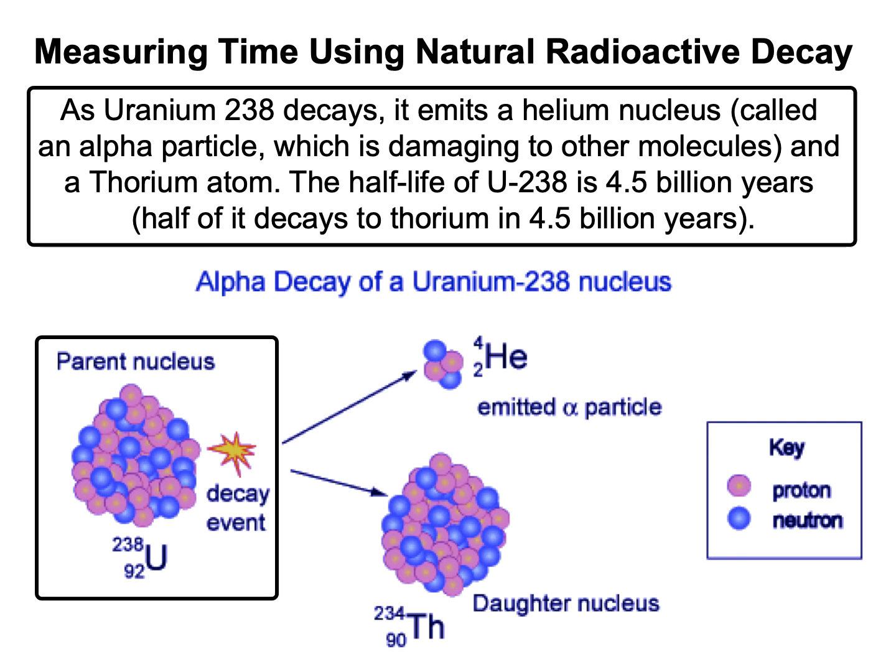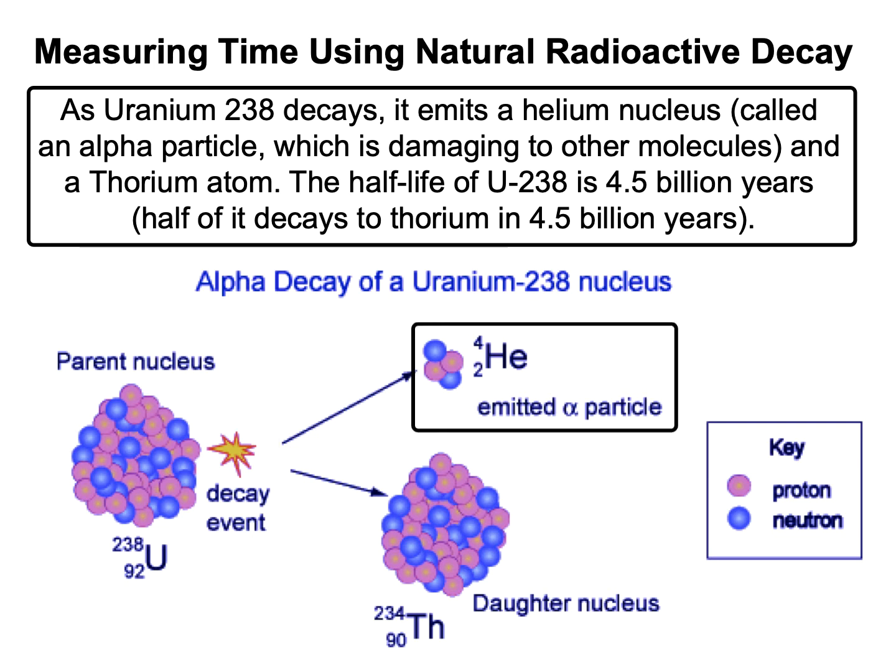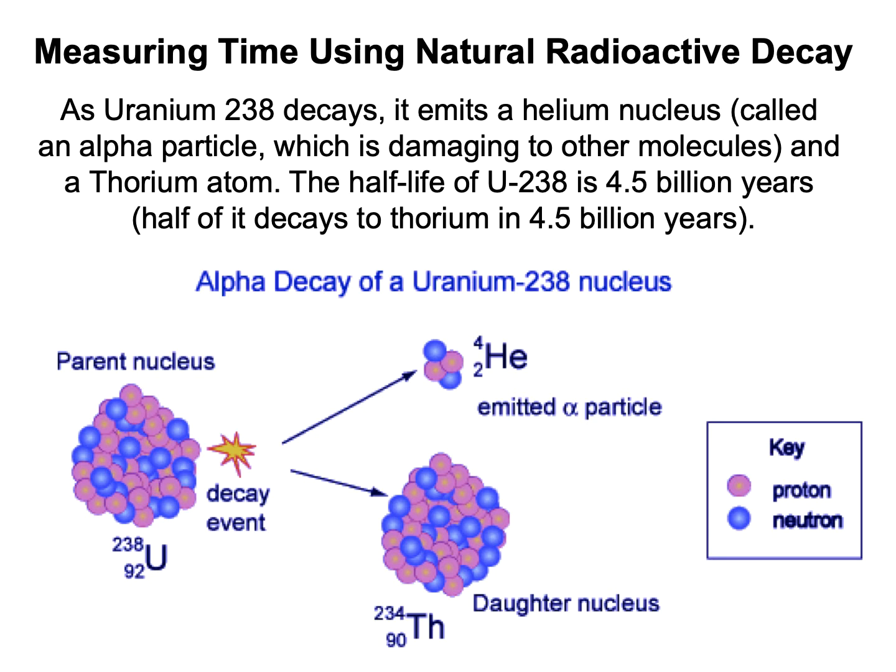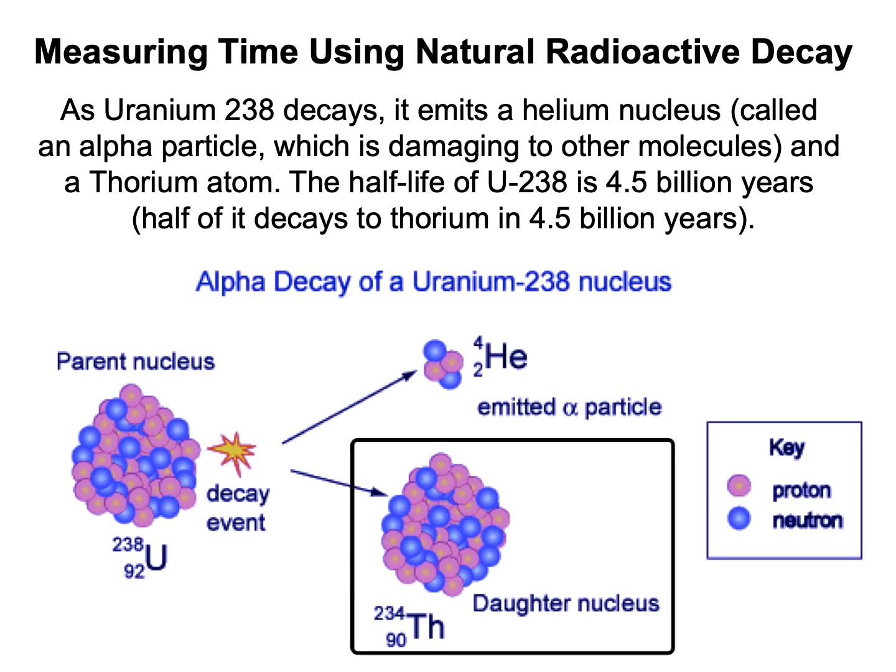So uranium-238 decays and emits a helium nucleus called an alpha particle, and has a half-life of 4.5 billion years. So half of the remaining uranium is there after 4.5 billion years, and the other half has been converted to thorium, a daughter nucleus or daughter element.